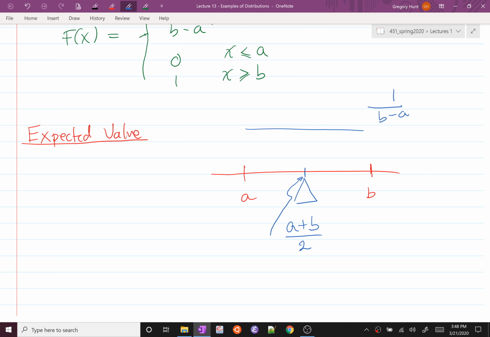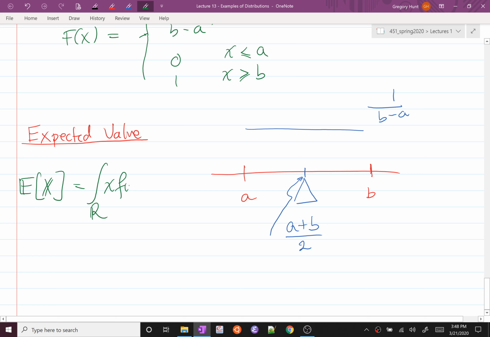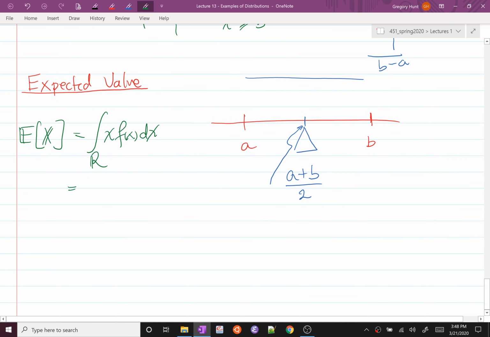So let's look at this. We can actually calculate it. For the continuous case, the expected value of x is the integral of x f of x dx. I only need to consider a to b because my density is 0 outside that, and the density is uniformly 1 over b minus a there.